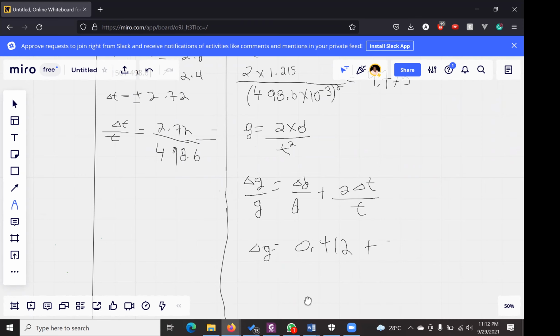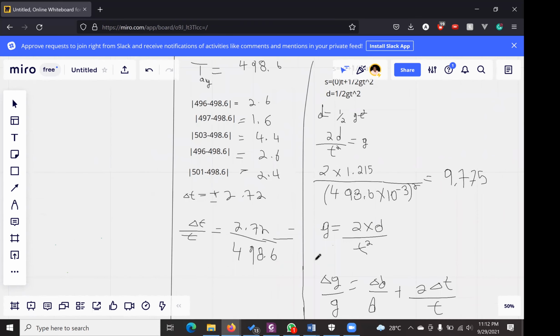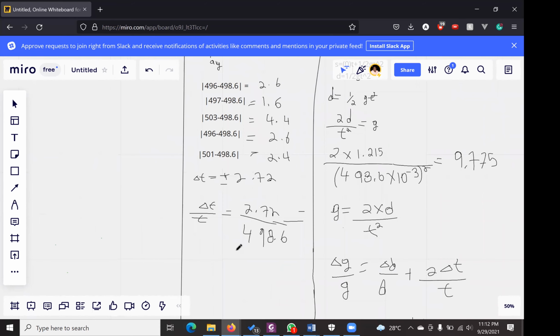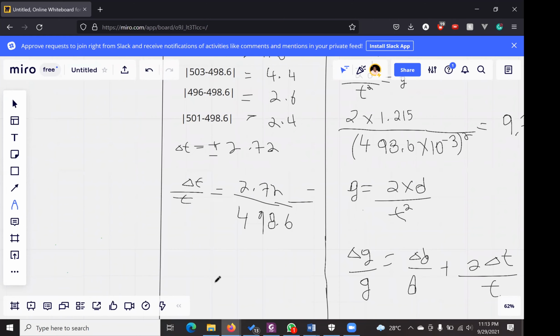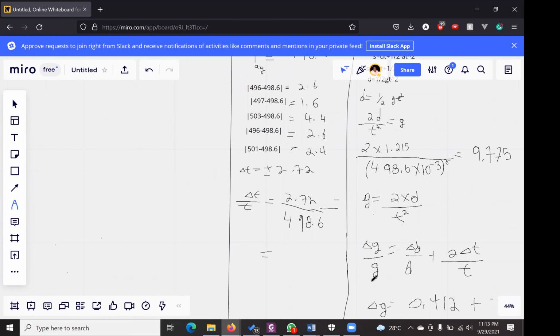Did somebody work out the delta T over T value? 2.72 over 17.6. 0.004. For what? Delta D over D?